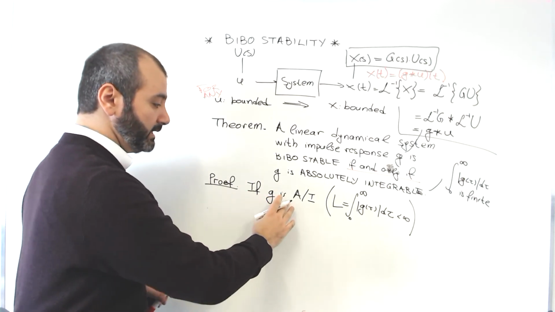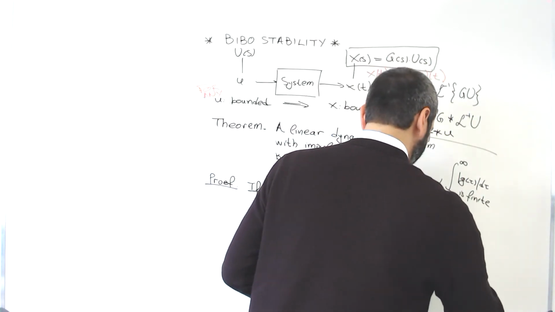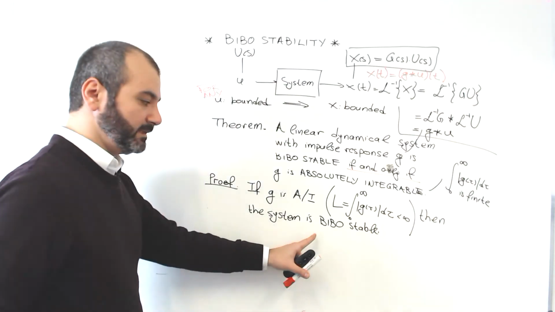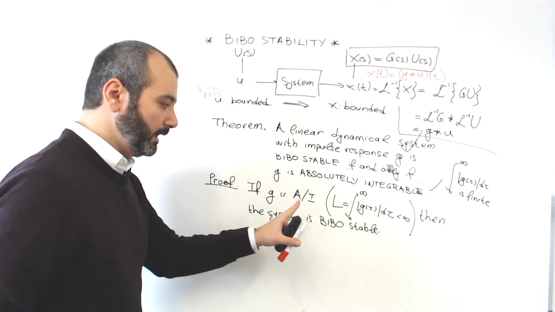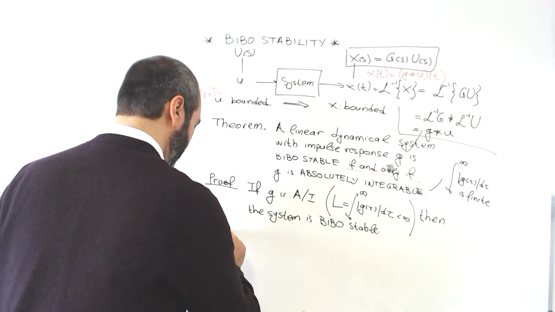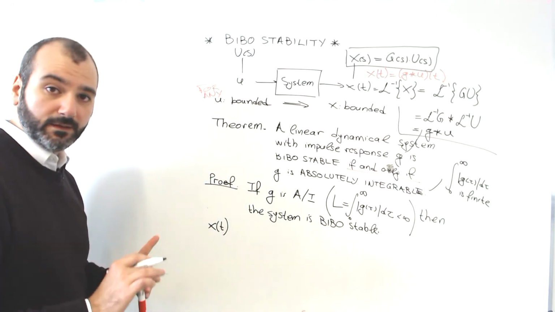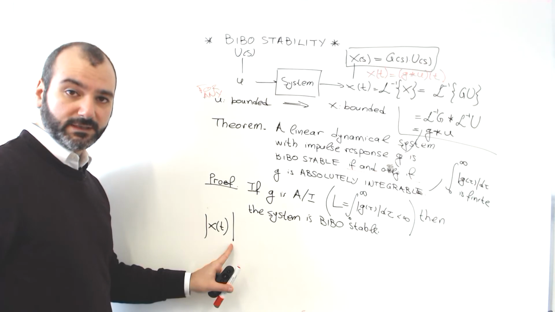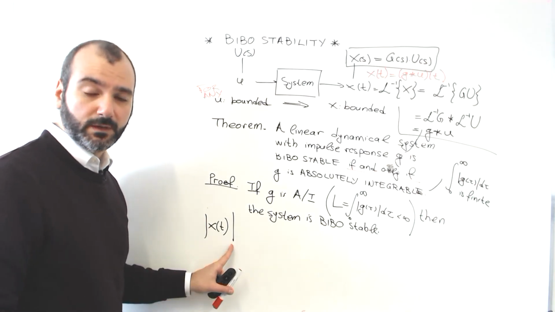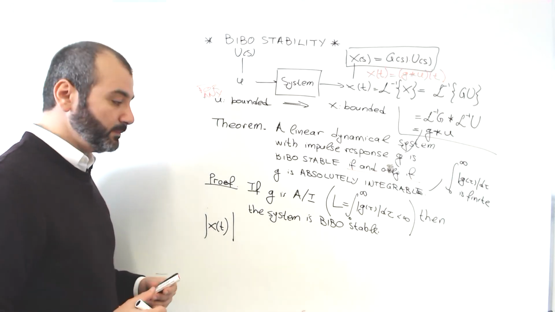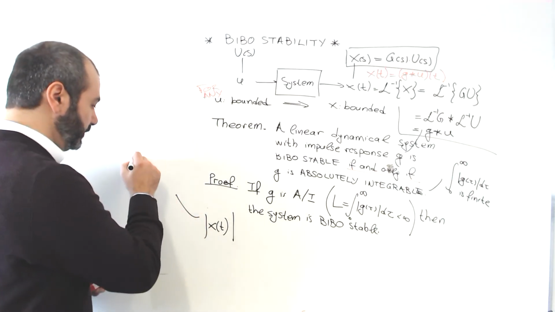So if g is absolutely integrable, then the system is BIBO stable. Now BIBO stability means that the output of the system, namely x of t, will remain bounded, so the absolute value of that signal will remain below some finite value for all t, so long as the input remains bounded.